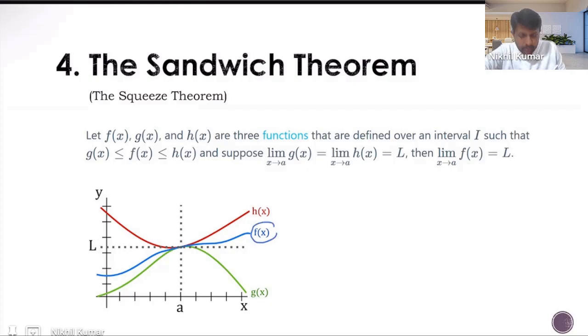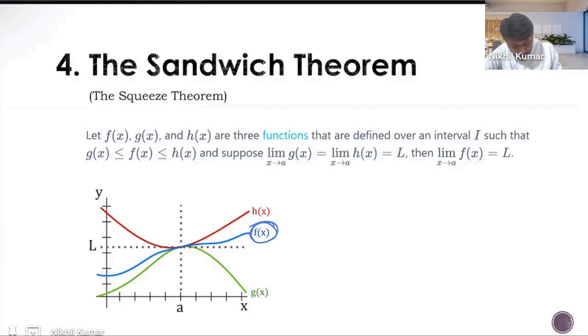This is our function f of x, right? We can see that f of x is lying between h of x and g of x. Would it be right to say that for any value of x, the value of f of x will always be between the values of h of x and g of x?